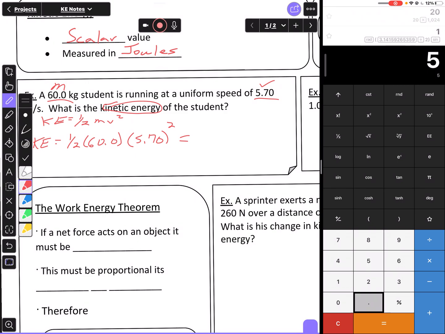Take 5.7, square that, multiply it by 60, and divide by 2, for the 1/2, and that equals 974.7 joules.